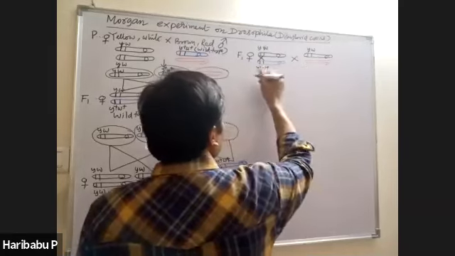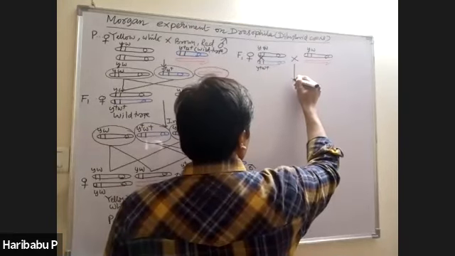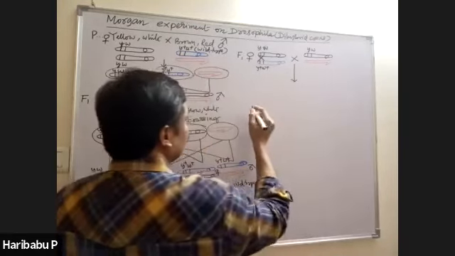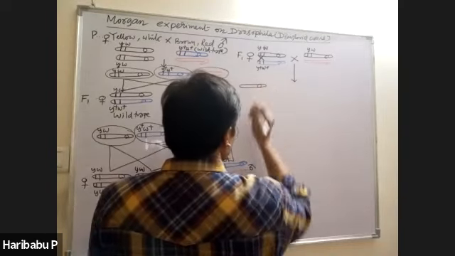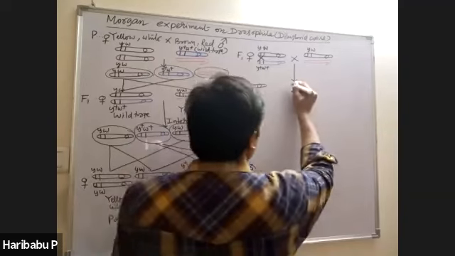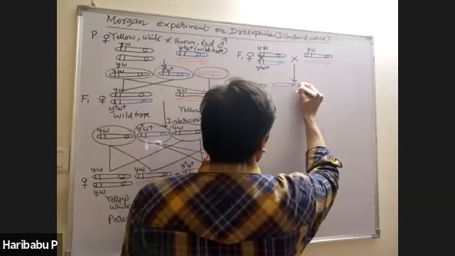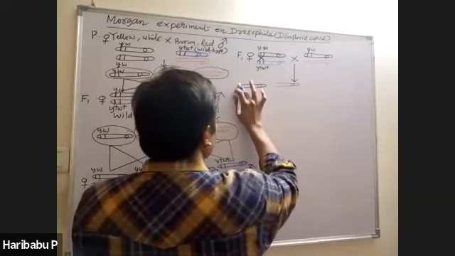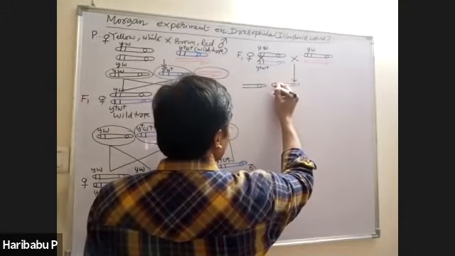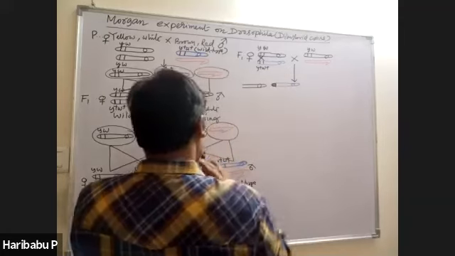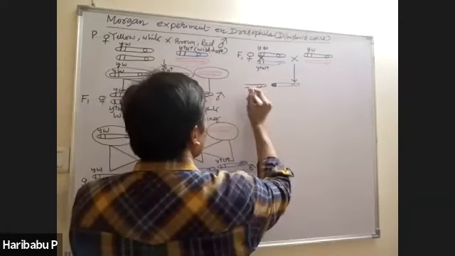So, now in the F2, how are they produced, let us see. This is one chromosome, this is another chromosome. First, here the genes have been changed. All of you see this one, and now this has been changed.